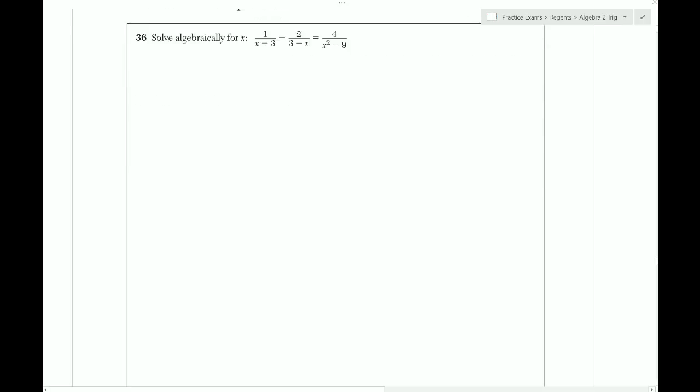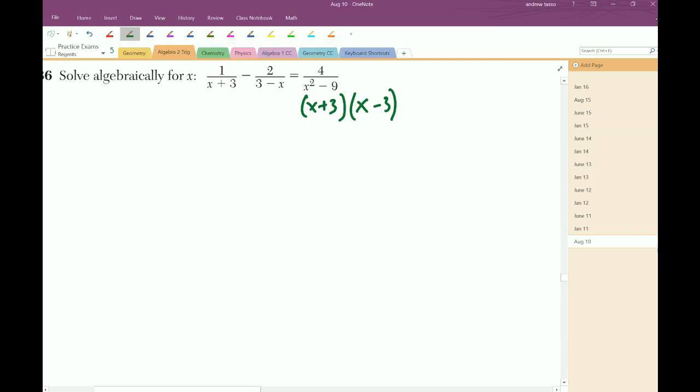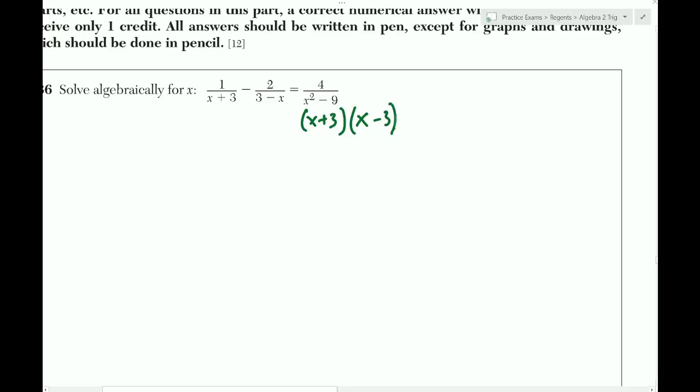Solve algebraically for x. So x squared minus 9, we can factor, make x plus 3, x minus 3. Get a smaller pen here. So then, let's see, we have 1 over x plus 3 minus 2 over x minus 3 equals 4 over x plus 3, x minus 3.